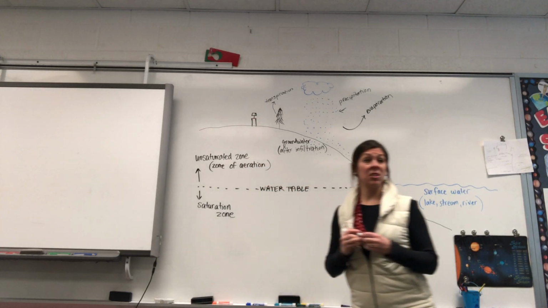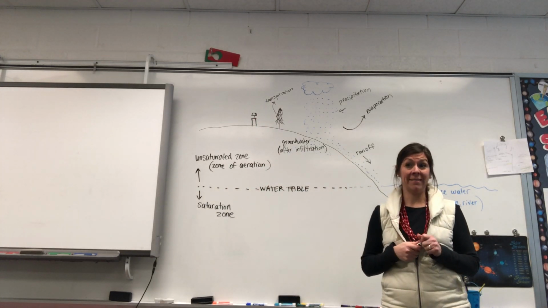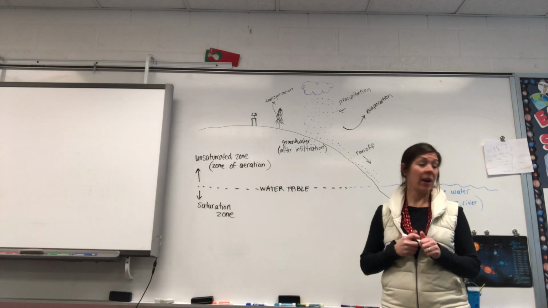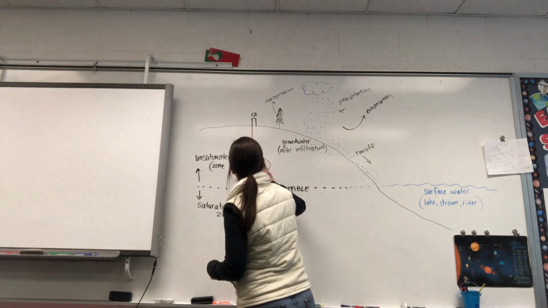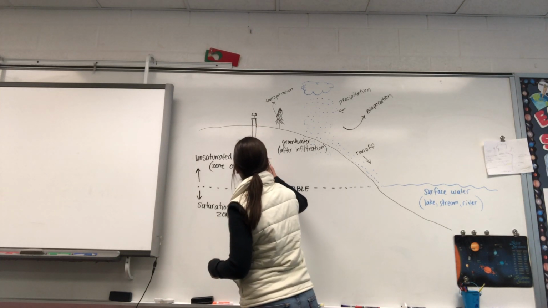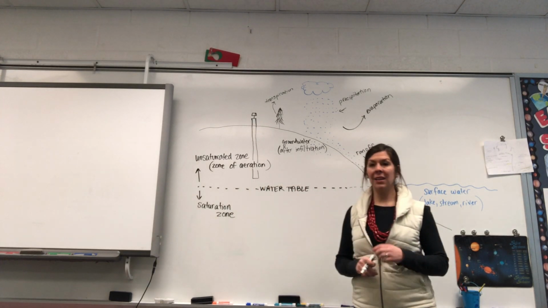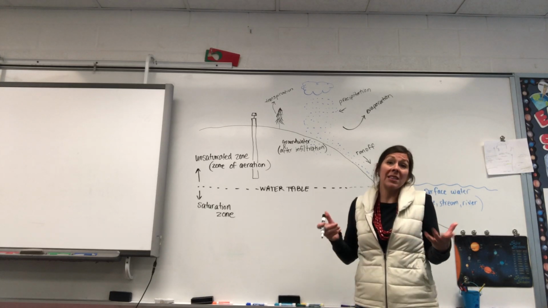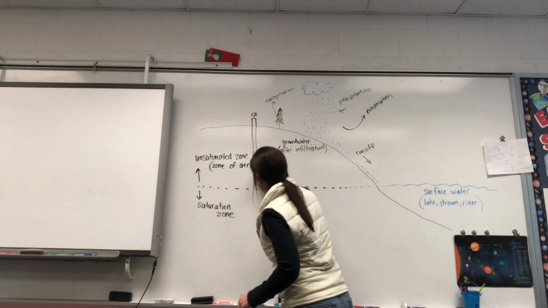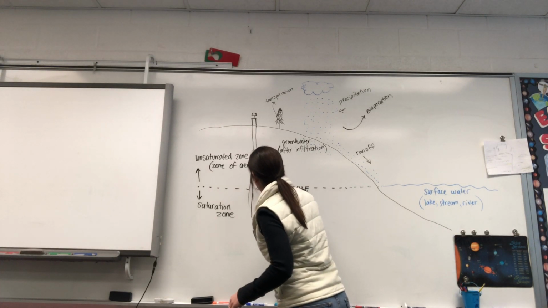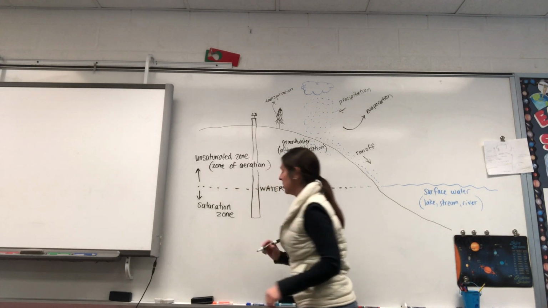And then wells need to go how far into the ground? Down to the saturation zone. Right. If we did a well to here, it's not gonna get no water. I mean, you might get some, but not gonna get none water. So we need to take it past the water table, well into the saturation zone.